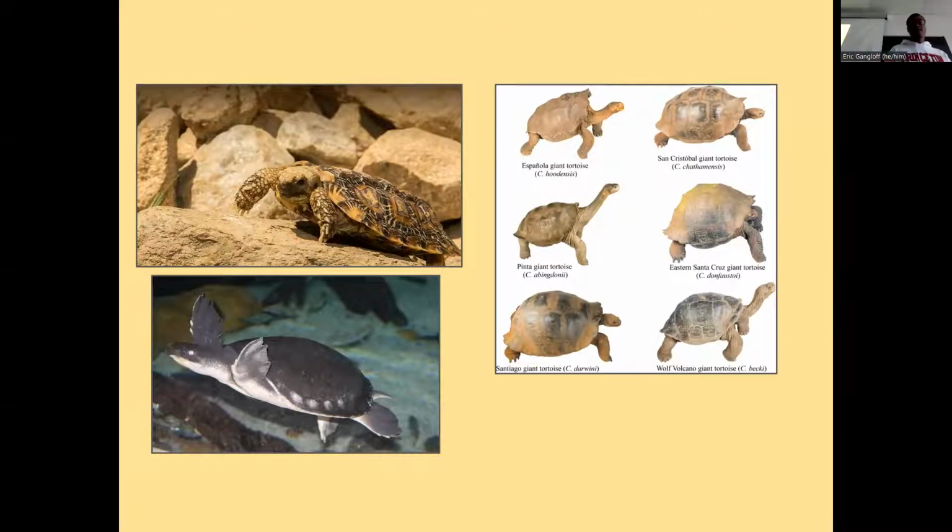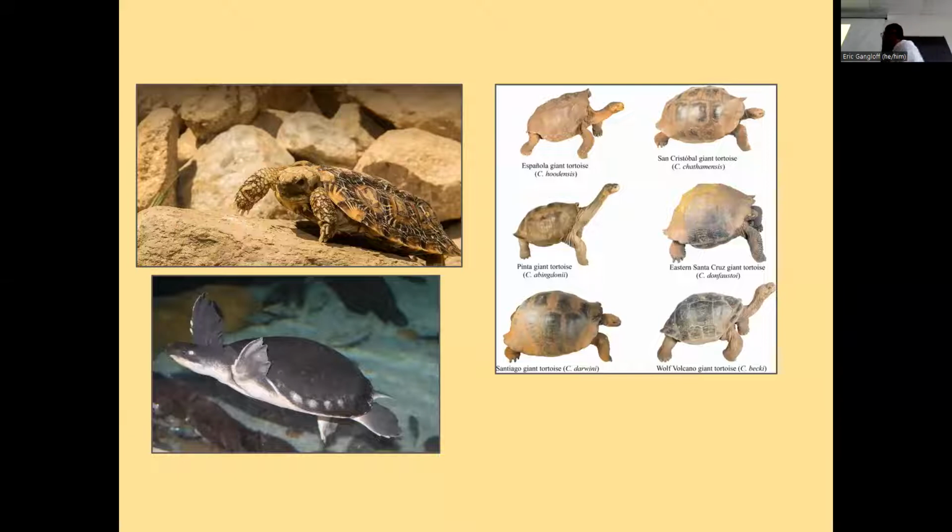And on the right here, we see this really interesting example of varied morphology. So there's a lot of variation in the sort of shell morphology of these tortoises on the Galapagos Islands. And it's really interesting because these morphologies are actually correlated with how much they have to reach up above their shell to get at the vegetation that they eat.